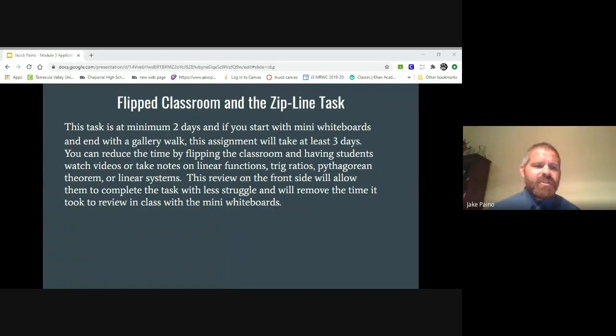And then have them do that before you introduce the task, and this will save some time in the classroom, because this task is minimum 2 days. If you're doing whiteboards and the gallery walk, it's at least 3 days for them to get through all these questions and discuss and share out all their findings. So a flipped classroom might help you with that time management piece here for this task.